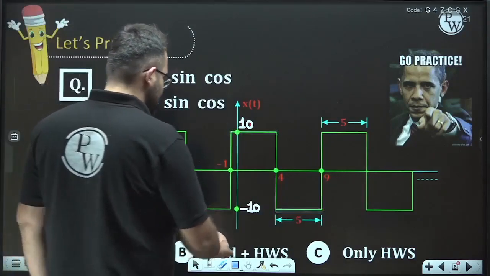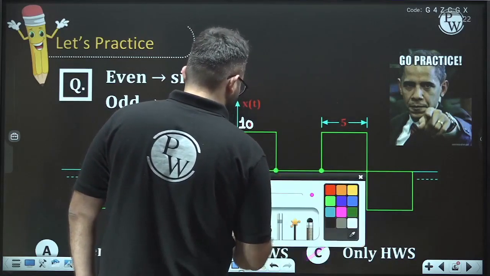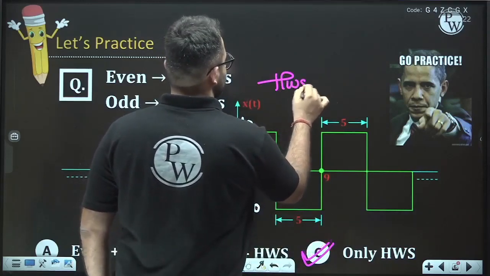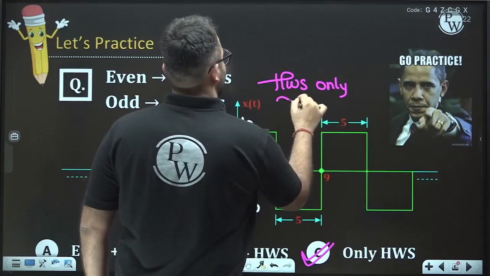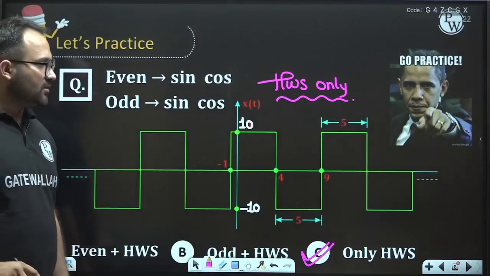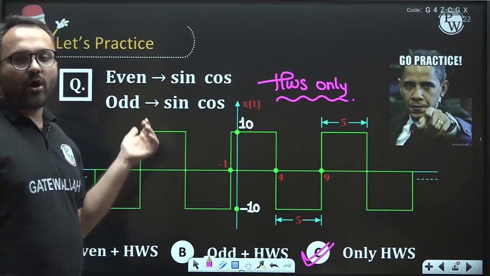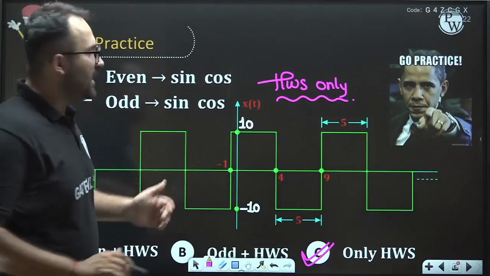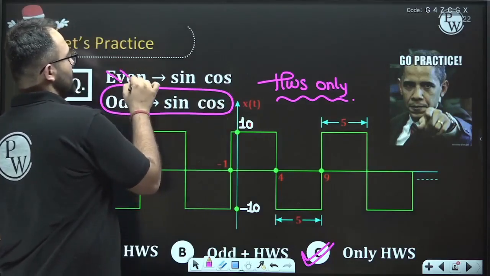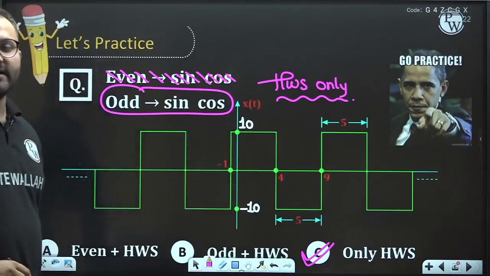So this signal has only half wave symmetry, neither even nor odd. So half wave symmetry means this signal will have odd harmonics. This signal will have only odd harmonics of sine and cos, not the even harmonics.